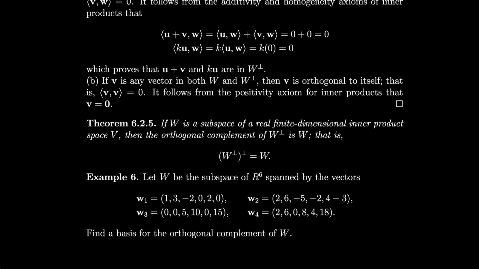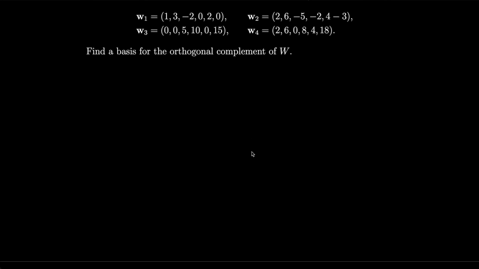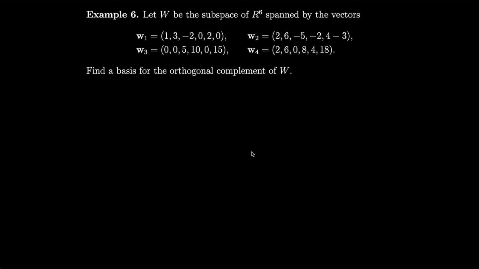Let's let W be the subspace of R6 spanned by the vectors w1 through w4 and find a basis for the orthogonal complement of W. So what I'm going to do is write out matrix A that's equal to these w's as rows in the matrix. My first row will be w1. It'll be 1, 3, -2, 0, 2, 0.